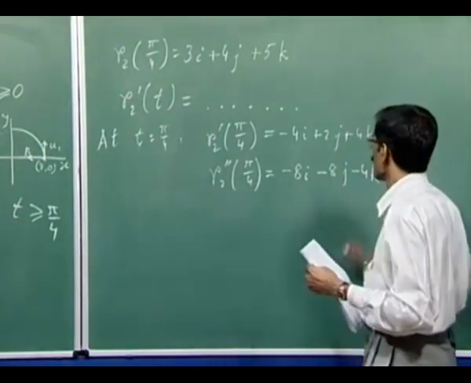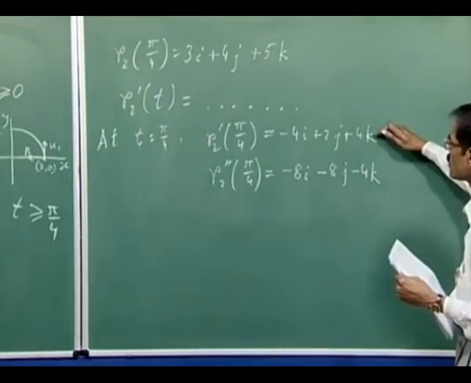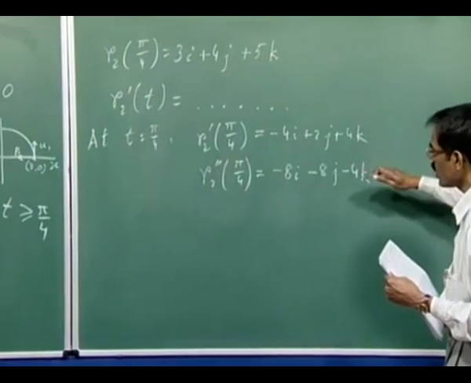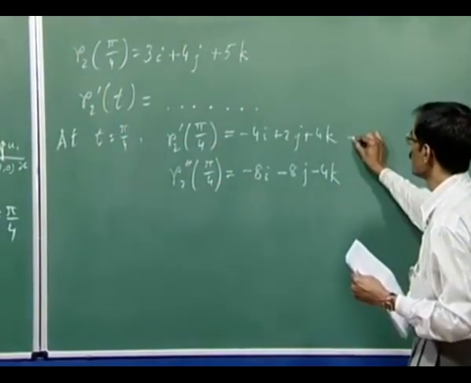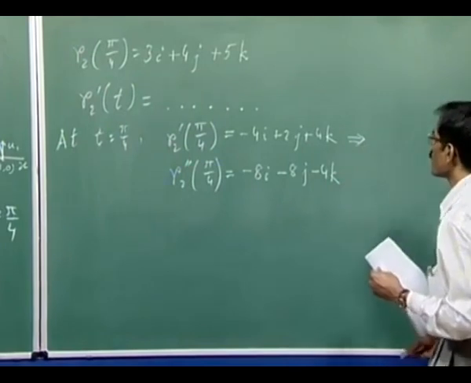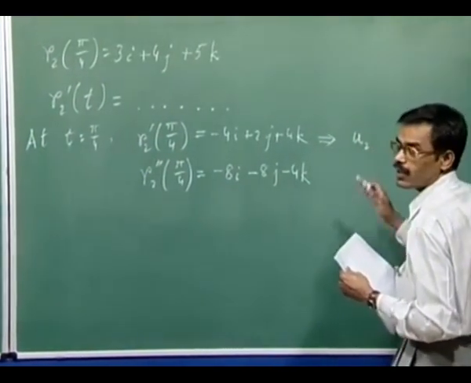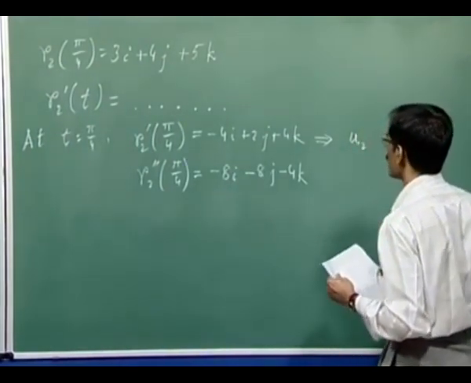Okay. So, from here you can work out the unit tangent and unit principal normal between these two, right. So, from here you will get u2 at the value t equal to pi by 4, that is at the starting point.